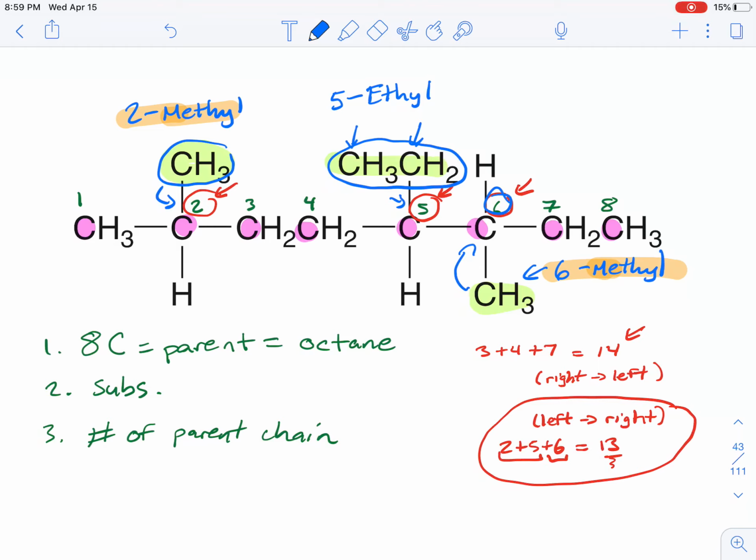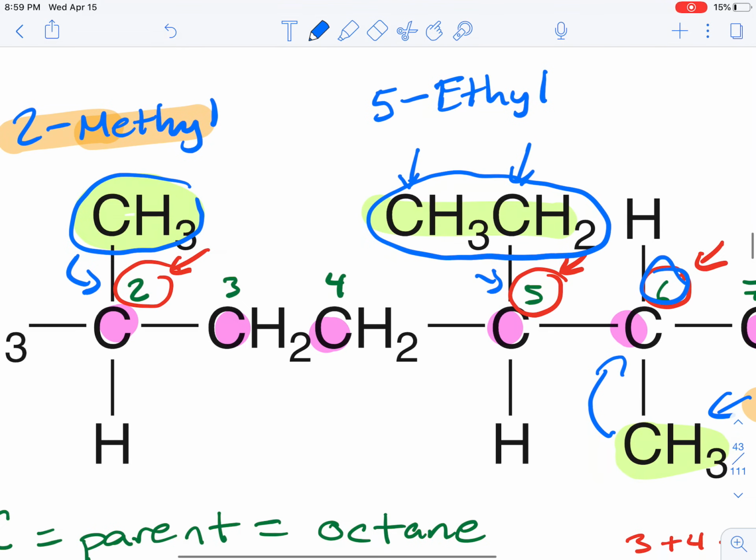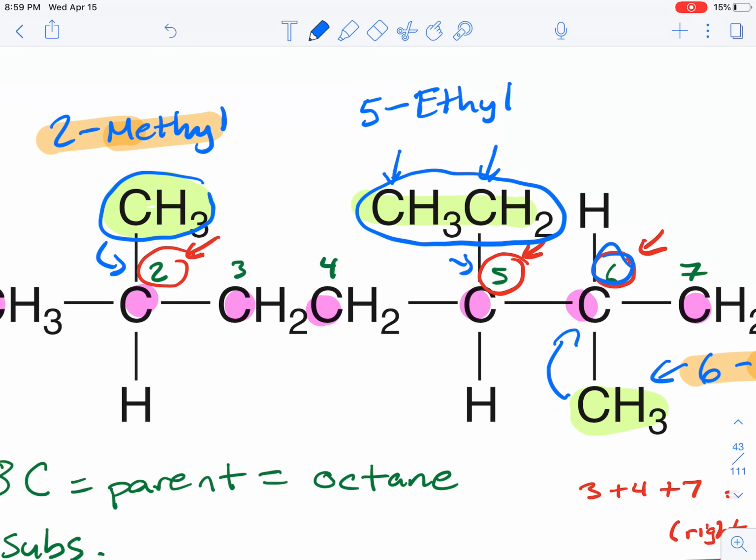I have 2 different substituents. I have a methyl and an ethyl. And so, very similar to what the rule said in the previous slide, when you have 2 or more different substituents, you need to organize them by alphabetical order. And so, E comes before M. And so therefore the ethyl should be named first, and then the methyl should be named later.